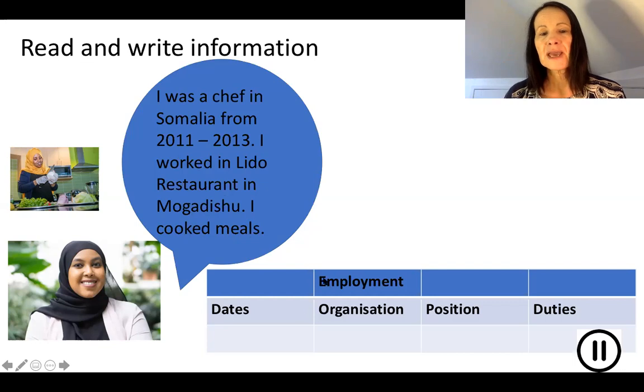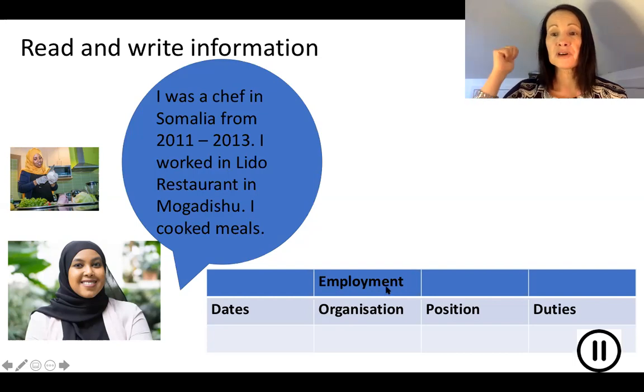So if we have a look at this part of the form, when you fill in an application form, as well as your personal details like name and address, you also need to put your employment from before, your past employment.